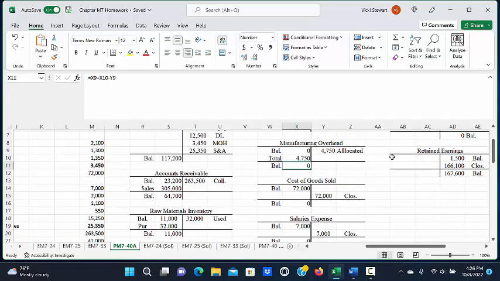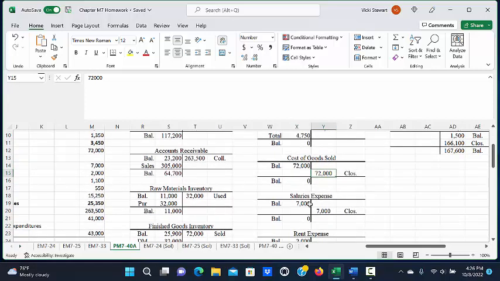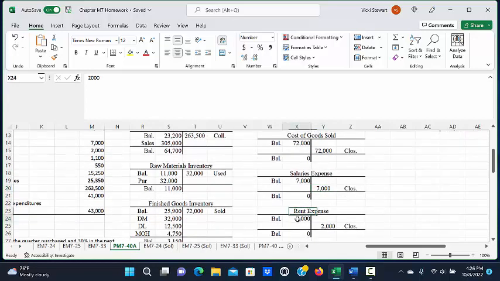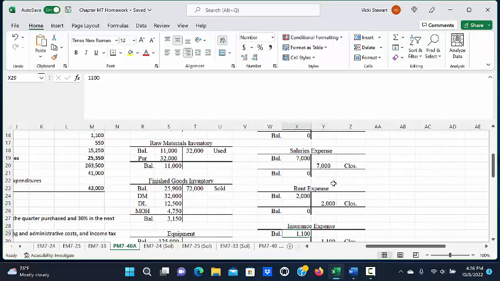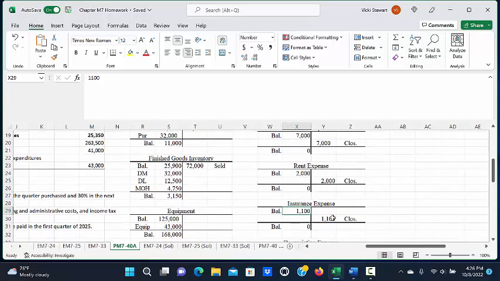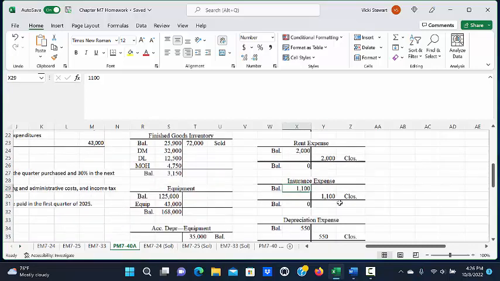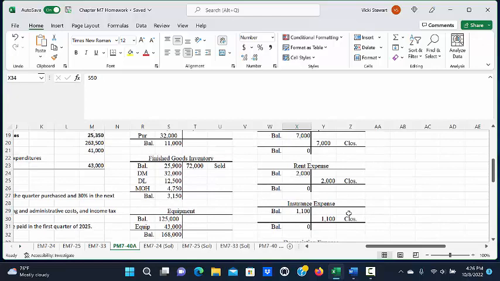It was all allocated. The cost of goods sold was $72,000, and these are starting our expenses, so that would have been closed to income summary. And $7,000 of salaries expense, that would also have been closed. $2,000 of rent expense, and it would be closed. $1,100 of insurance expense, and then we would only have had the $550 of selling and administrative expense.